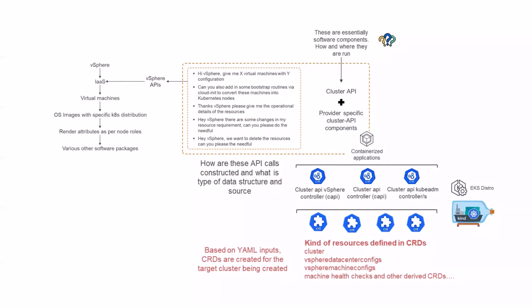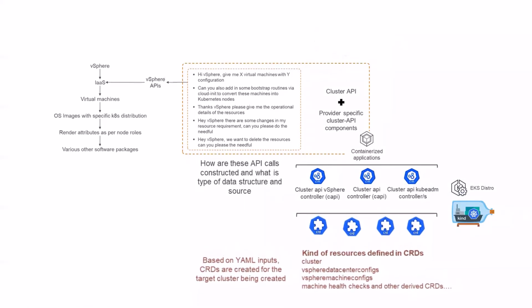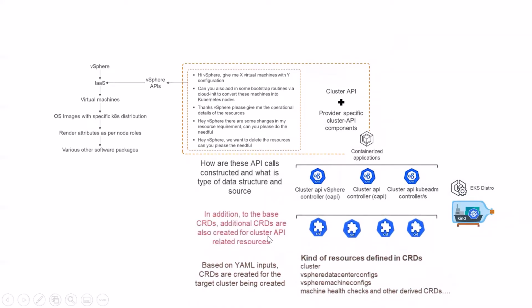And while there are the ones that we saw, cluster, vSphere data center config, and machine configs, some additional CRDs also get generated as part of the sequential process, which are related to cluster API resources and some operational level APIs and CRDs in terms of machine health checks and all that, because you have to maintain the state of the cluster also, right?